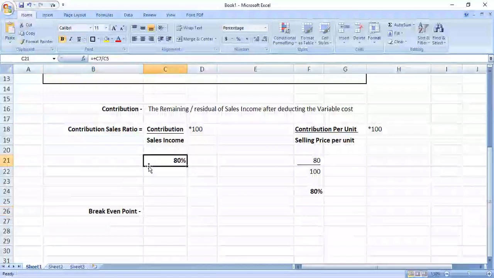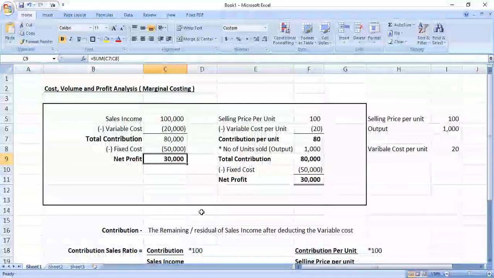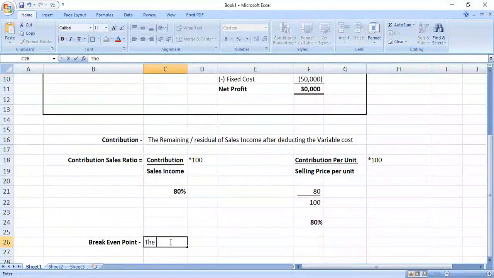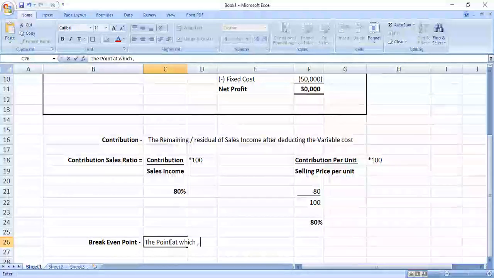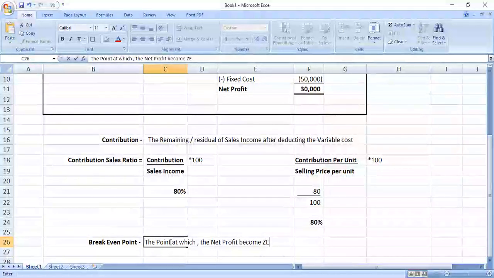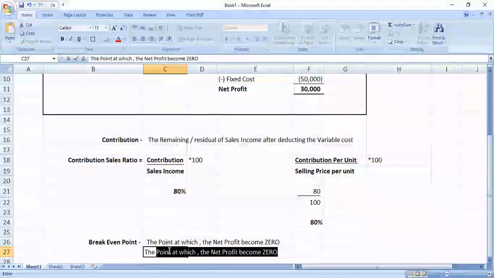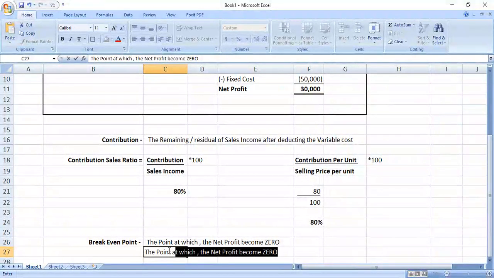Break even point means the point at which my net profit becomes zero.